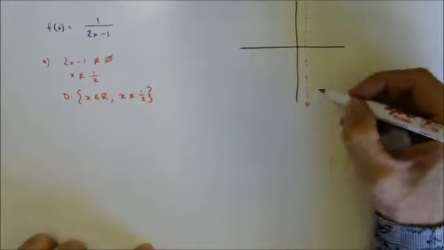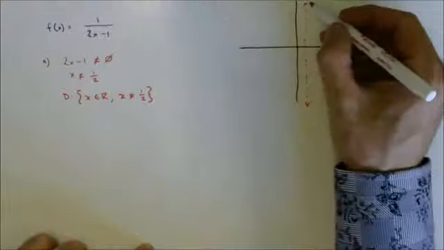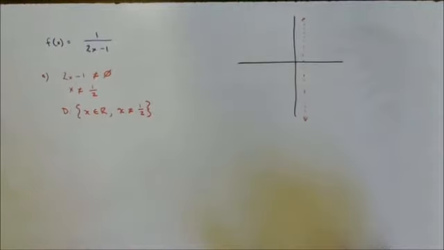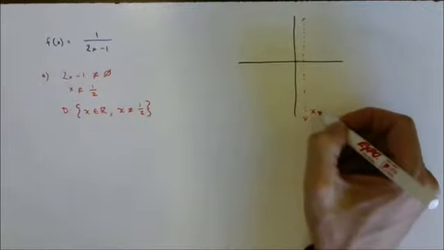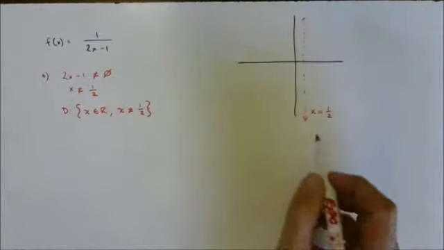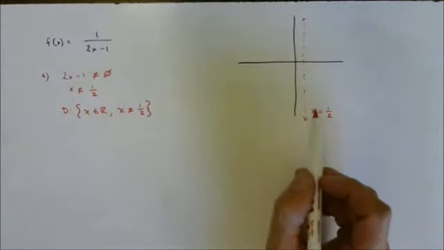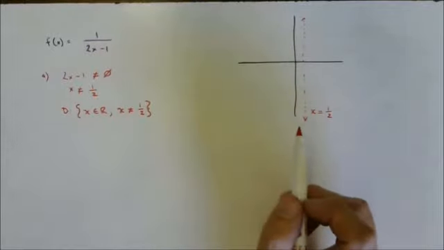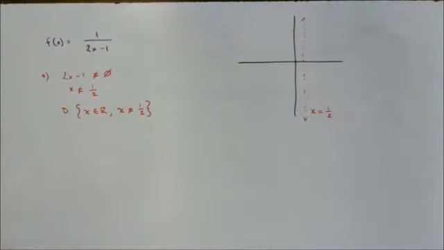That is the equation of our asymptote, okay? If x equals 1/2 is a restriction, then it's also the equation of the asymptote. The equation of this line is x equals 1/2. And we've put it on our graph to indicate that the graph will never touch that line. It will approach it, but it will never ever touch it, okay?